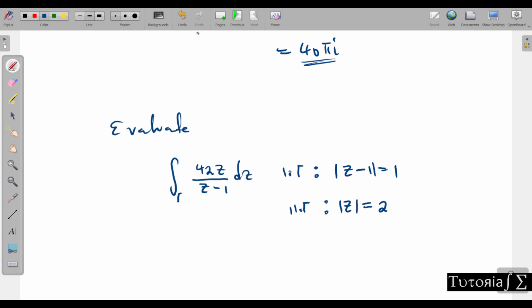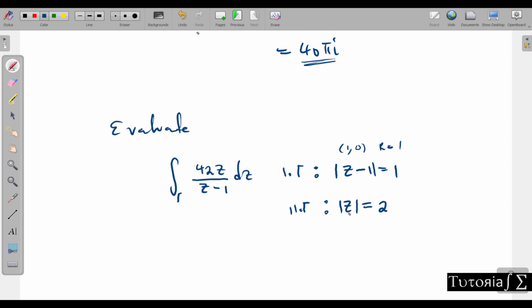The first one is you evaluate in the region gamma, where |z minus 1| is equal to 1. Here the center only has a real part, which is (1, 0), and the radius is equal to 1.